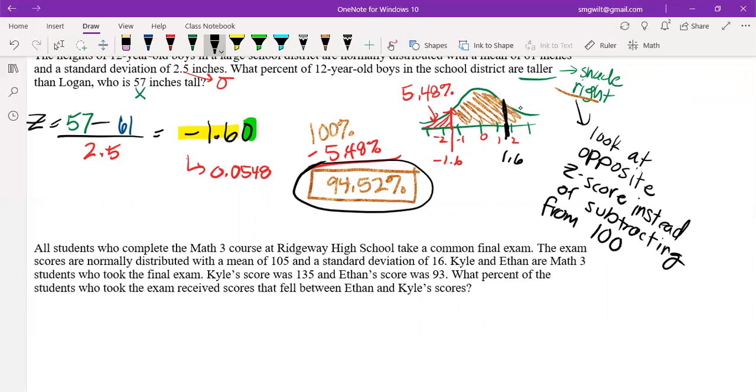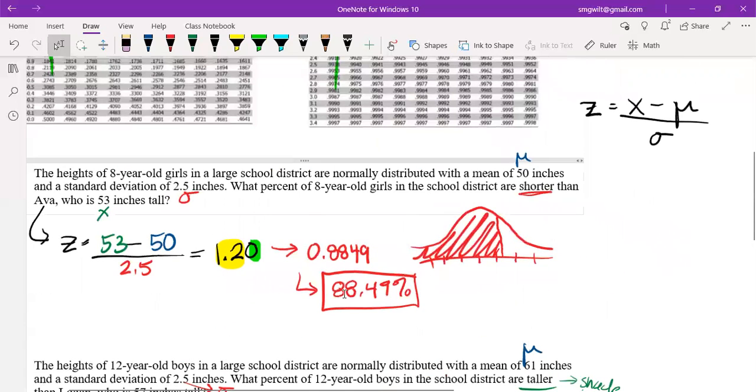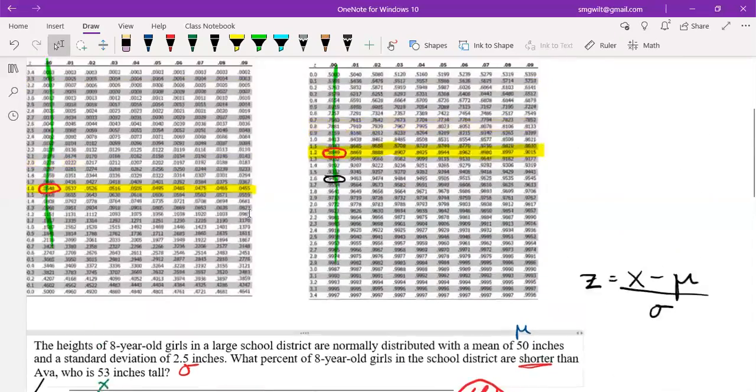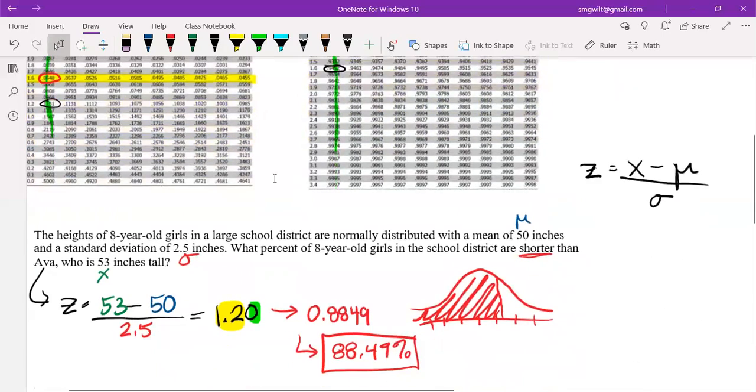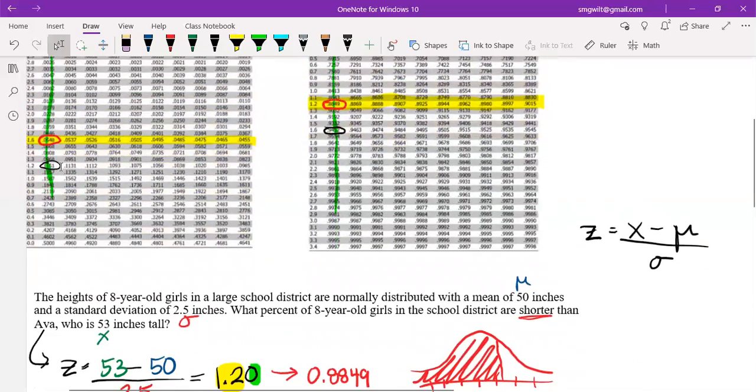So to skip that step of having to subtract from 100, I can look up the opposite z-score. Since this z-score was negative, I looked up the positive. For example, if I wanted to find the people that are taller than Ava, since her z-score was positive 1.2, I would look up negative 1.2, and that would tell me that 11.51% of the girls are taller than Ava.